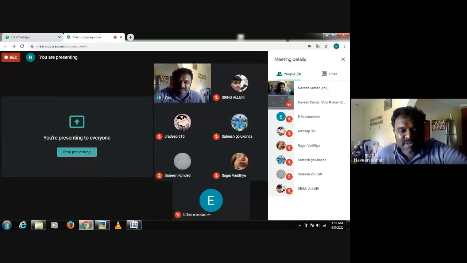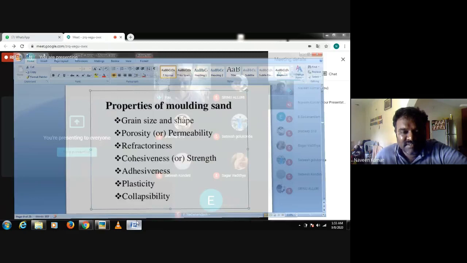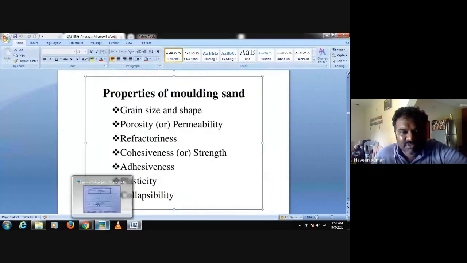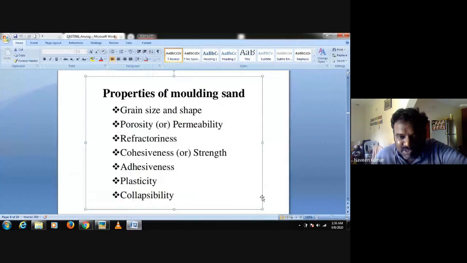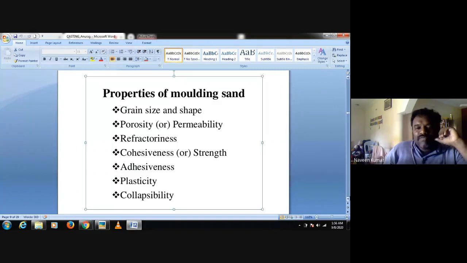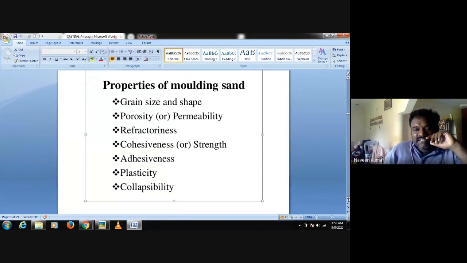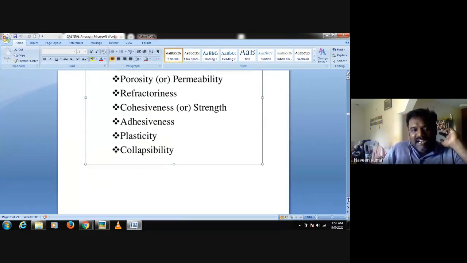And the next property we have, of course the listing is over, but there is one more property called coefficient of expansion. We already discussed that we pour molten material at higher degrees of temperature.